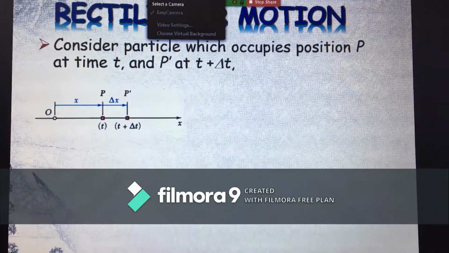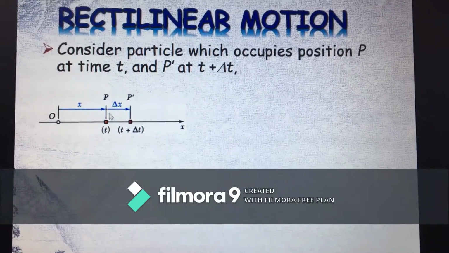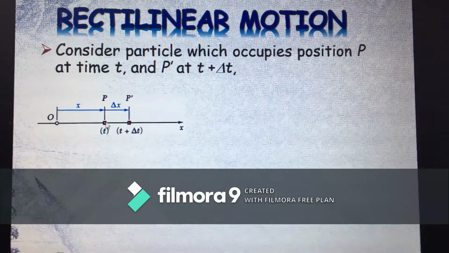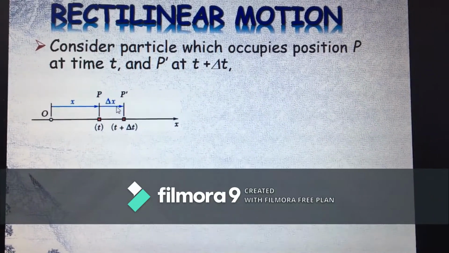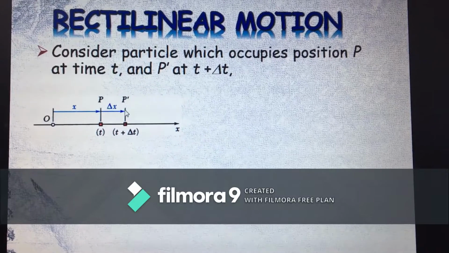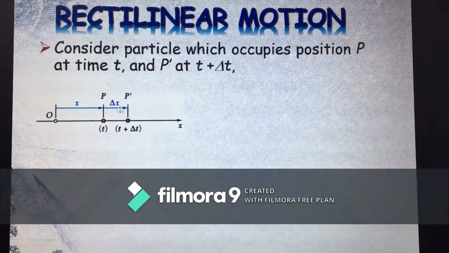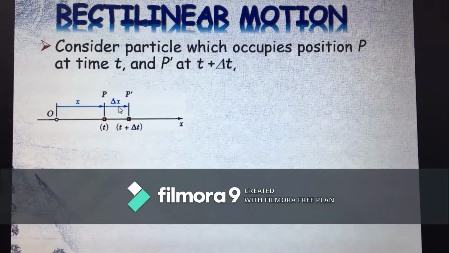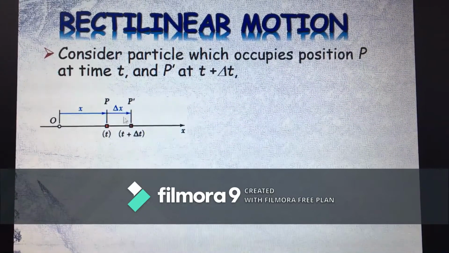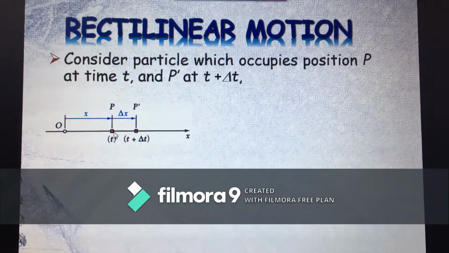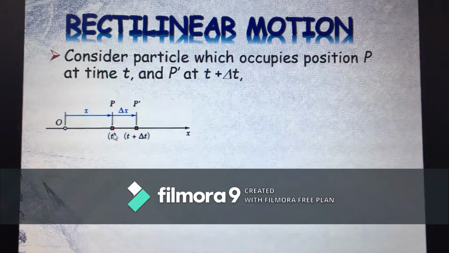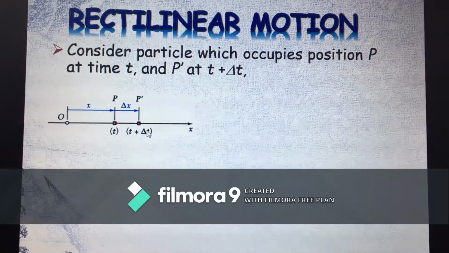If the particle moves farther from this point P to the next point P prime, there is a change of distance, which we call delta x. And now it travels for a duration of t plus delta t.